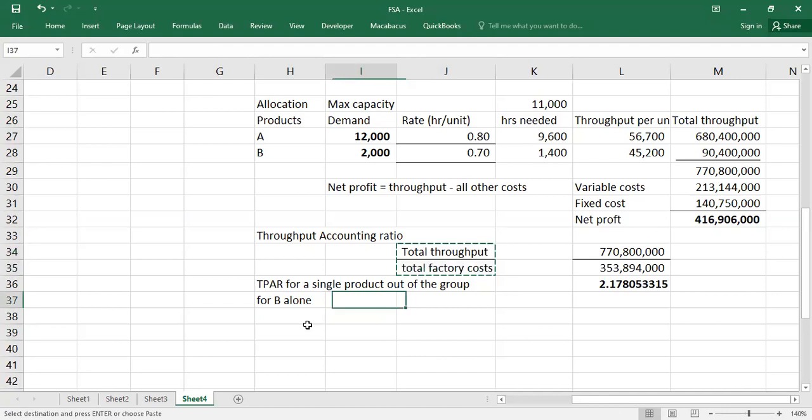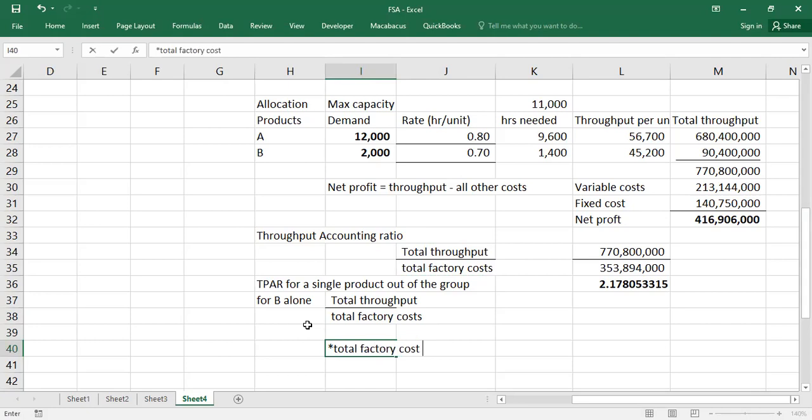The formula still remains the same: total throughput out of total factory cost. However, the issue here is on the total cost. Total factory cost for B alone.